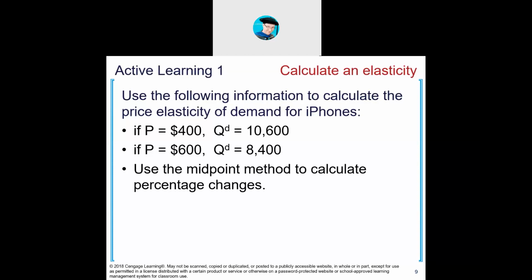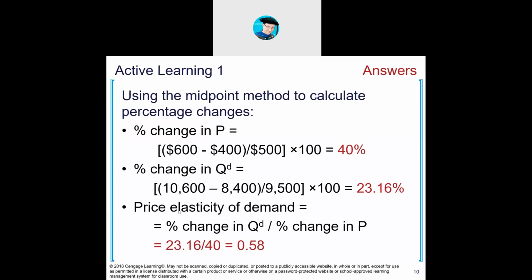Okay, so looking at the information, if the price of an iPhone is at $400, then I'll be able to sell 10,600 iPhones. If the price of an iPhone is at $600, I'll be able to sell 8,400. Using the midpoint method, let's calculate the changes. Okay.